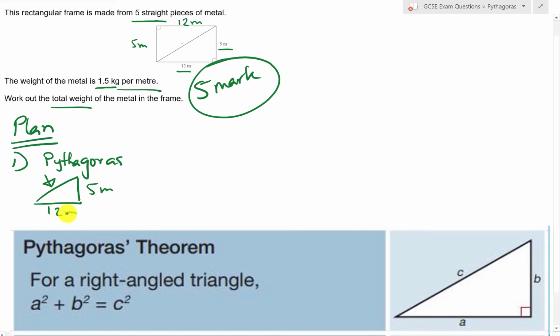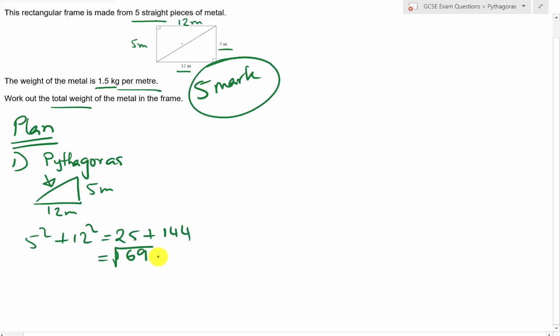So we know the two short sides squared, 5 squared added to 12 squared. By the way, this is a non-calculator question. So 5 squared plus 12 squared is 25 added to 144, which is 169, and then the square root of 169 gives us 13 meters. So we found the length of the diagonal, which is 13 meters.